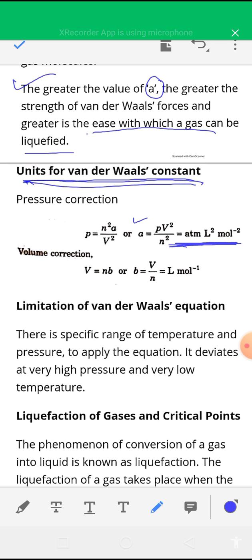The unit of b will be liter per mole. So you have to remember the units of van der Waals constants a and b, their significance, and the van der Waals equation for n mole and for 1 mole real gas. All this you have to remember.